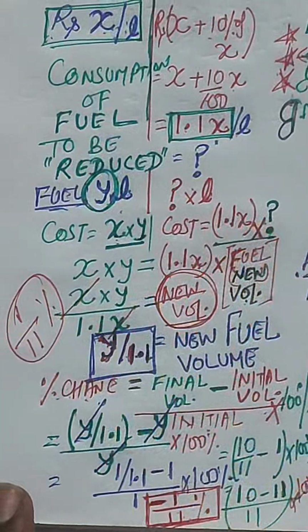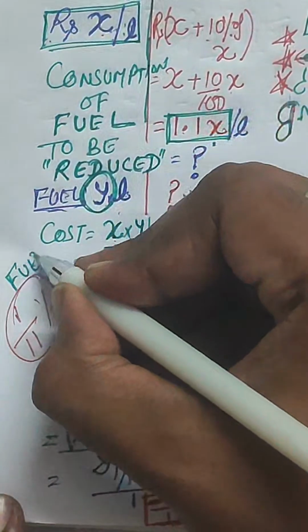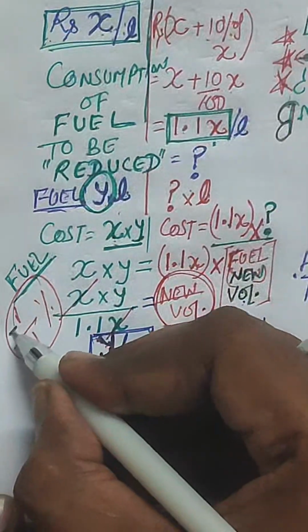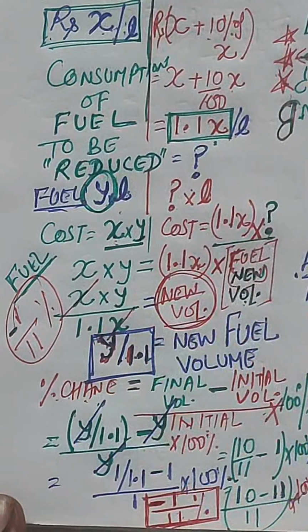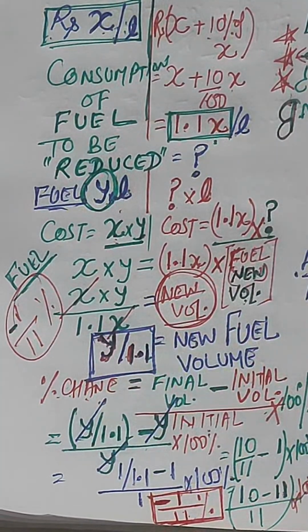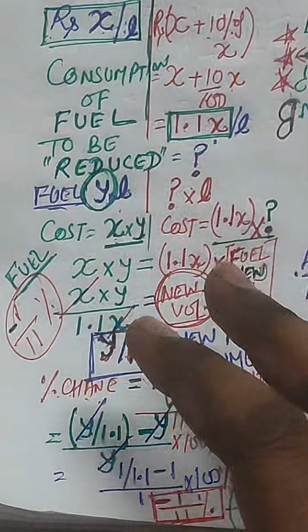Our fuel consumption needs to be reduced by 1 by 11%, and this is the answer, students. So we can take more questions. Let us see some objective questions also.